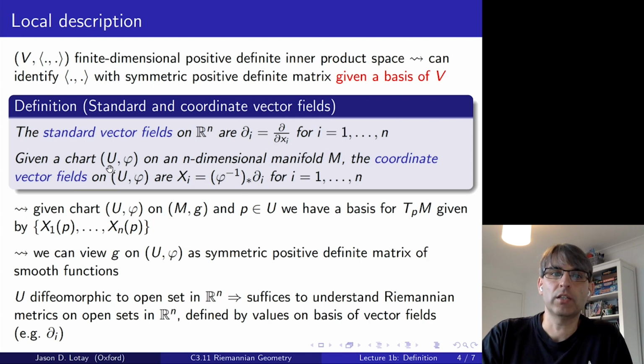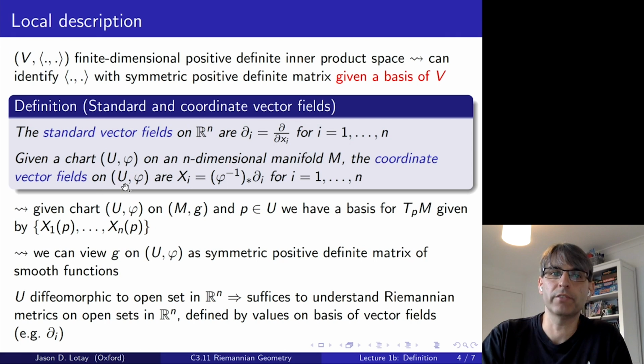Now, given any chart (U, φ), let's recall that if we have an n-dimensional manifold M, then we have these charts, which are a pair of an open set U on the manifold and a map φ going from U into R^n. Then we get these coordinate vector fields on (U, φ).